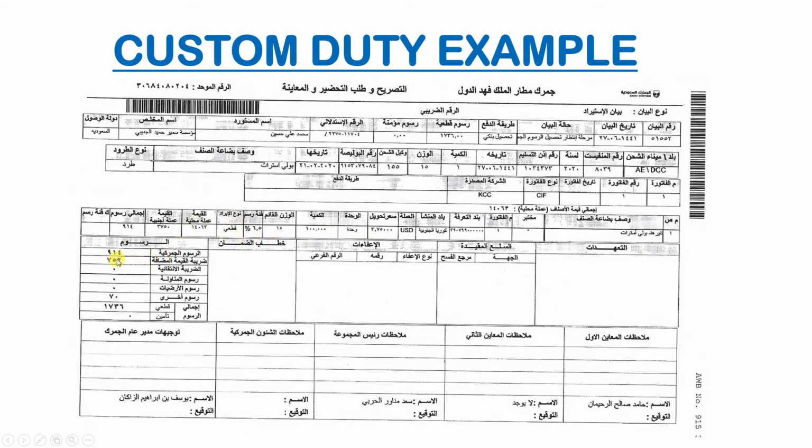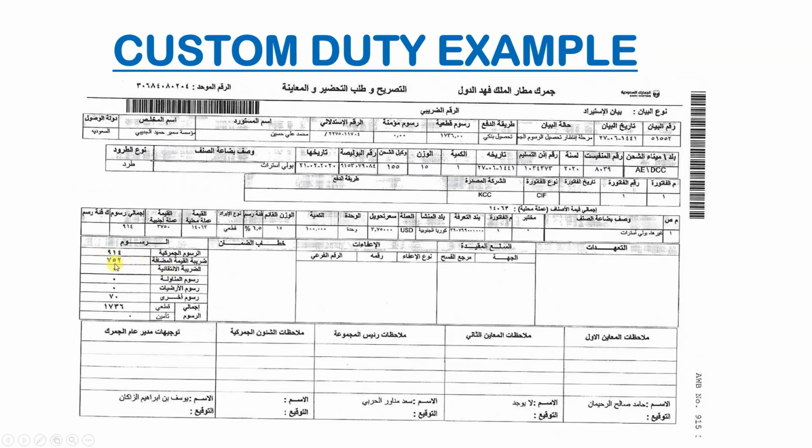And here is the total custom duty on the total value of the import, which is 6.5%. This depends on the product which you are importing. Every product has a different custom duty percentage. Value added tax is 5%.